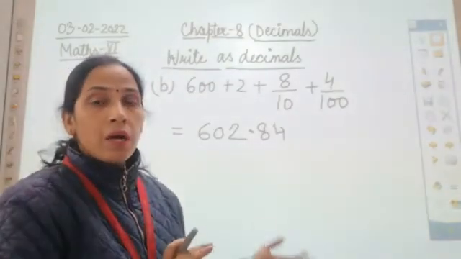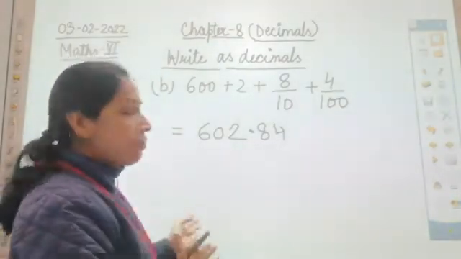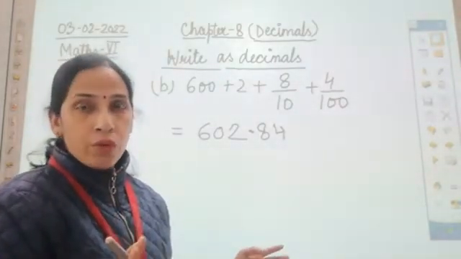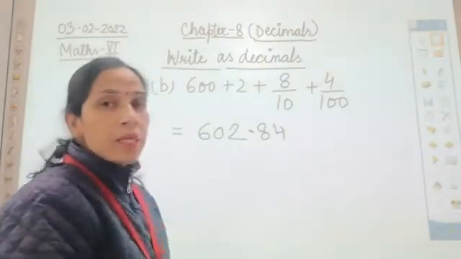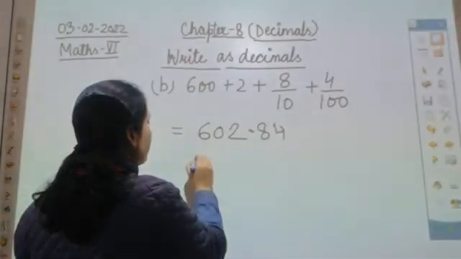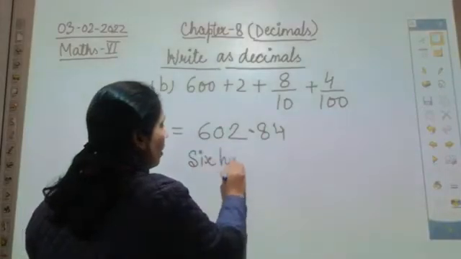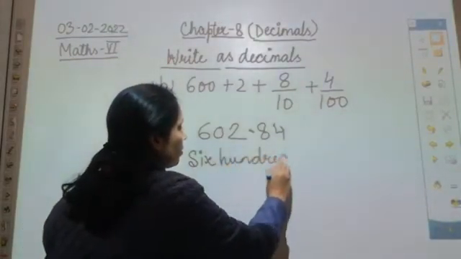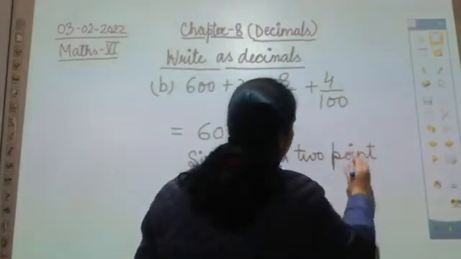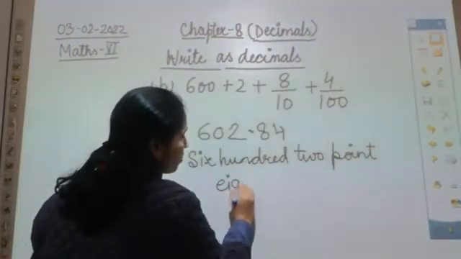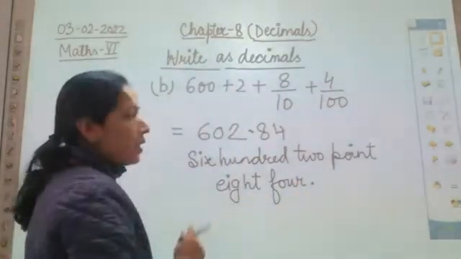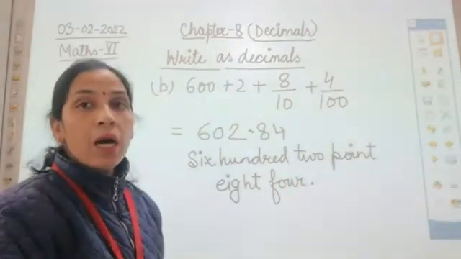Now how are we supposed to write it in words? For the first way, 602.84. Fine. We are not going to write it as 8 tenths and 4 hundredths. Another way to write the same is 602.84. This is one way to write it. Another way to write it is 602 and 84 hundredths.